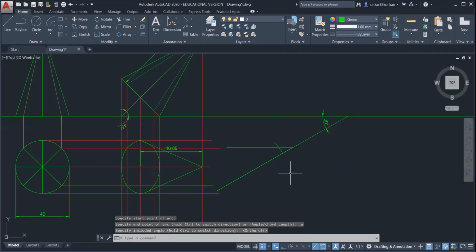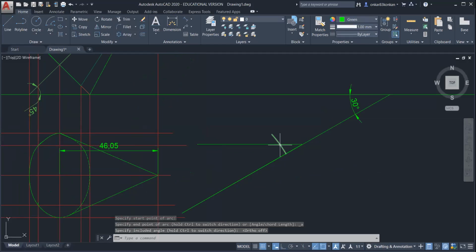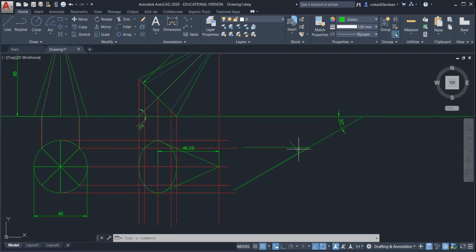In this way, draw this arc and then join this point with this point. So this is the apparent angle.